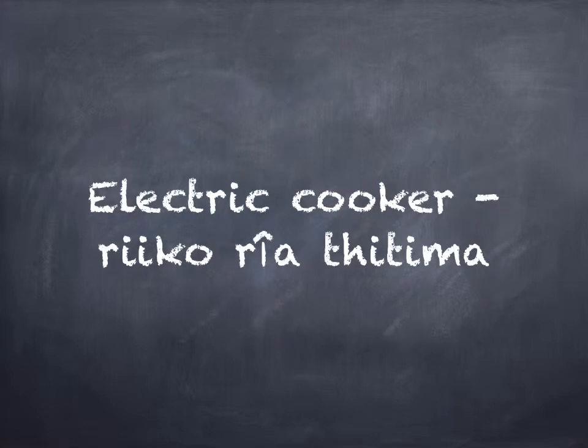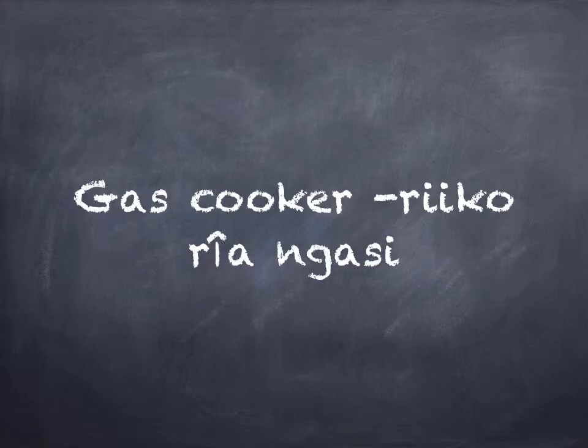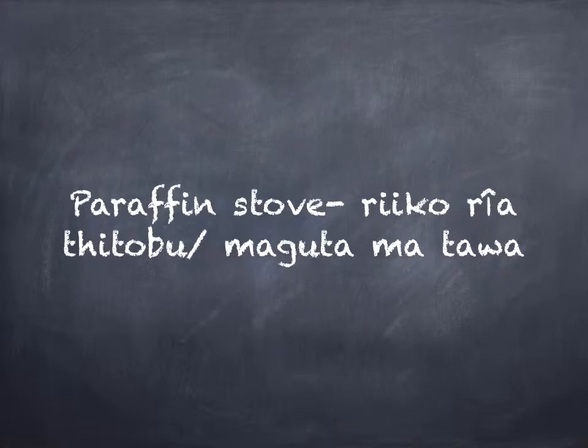The electric cooker, which is known as riiko rya thitima. The gas cooker, which is known as riiko rya gasi. The paraffin stove, which is known as riiko rya tofu. In some places you'll hear riiko rya maguta ma tawa.